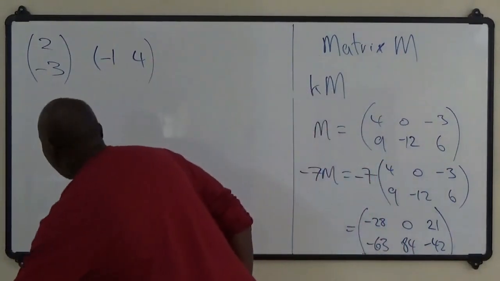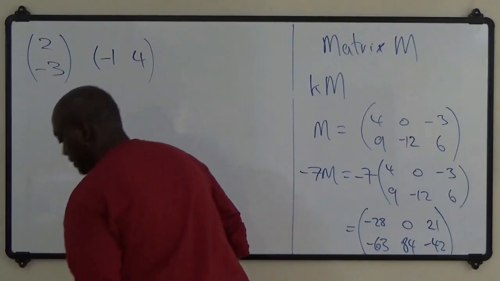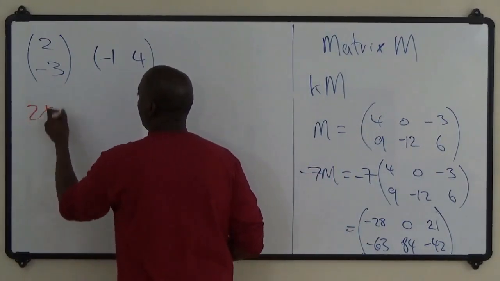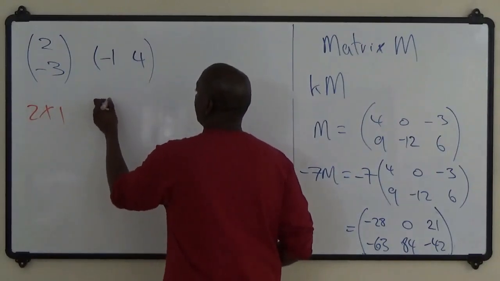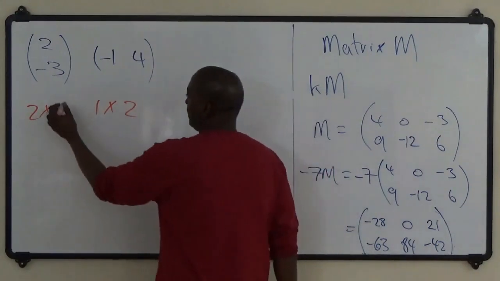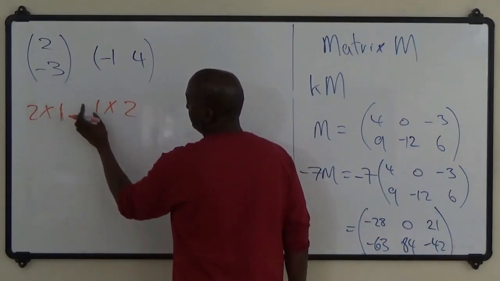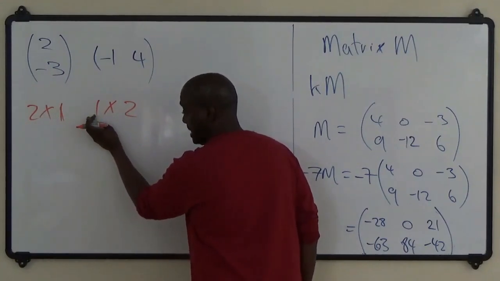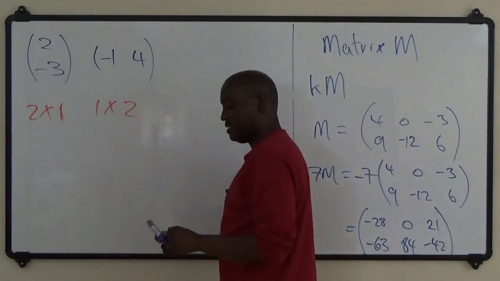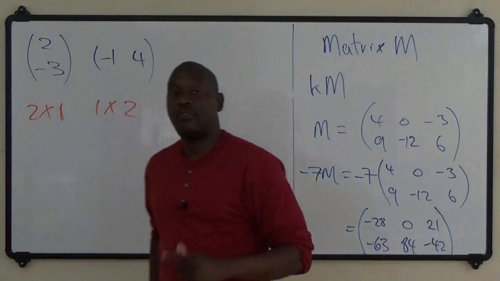So if you have 2 by 1 by 1 by 2, the order of this is 2 by 1, and this is a 1 by 2. So you could clearly see here that the number of columns in matrix A is equal to the number of rows in matrix B. Which means that the two matrices are, listen to this now, compatible for multiplication.